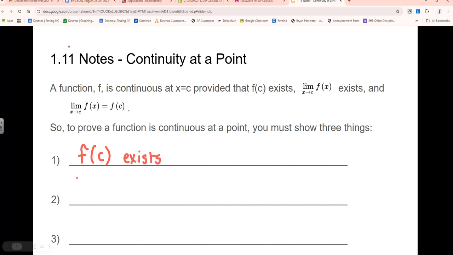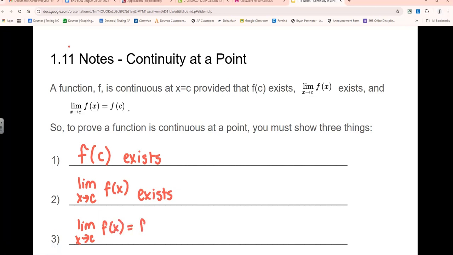You must show that the limit as x approaches c of f of x exists. And you must show that that limit as x approaches c of f of x is also equal to f of c.